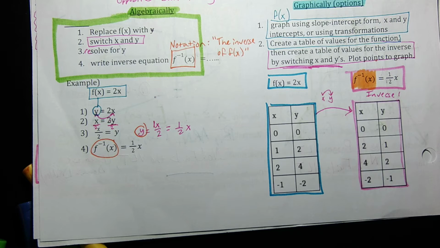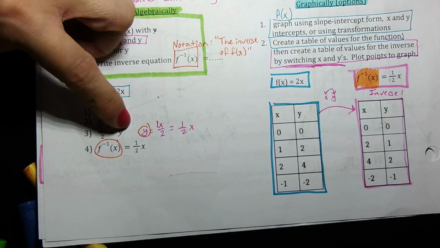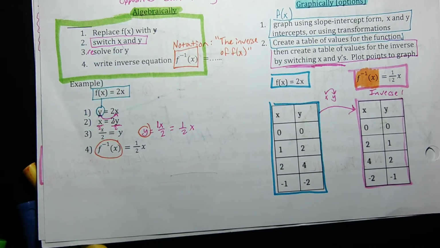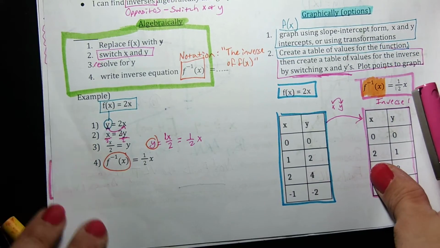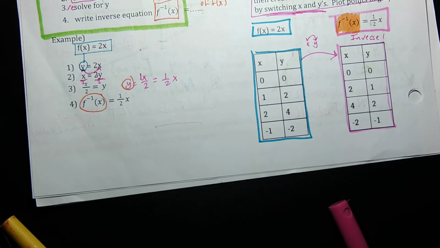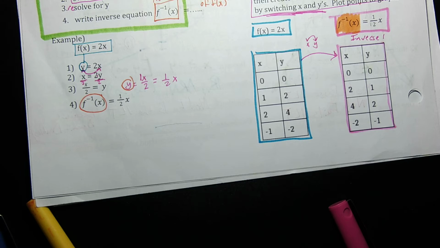However, sometimes solving for the inverse equation gets kind of messy, and sometimes doing the graphs can get a little bit messy for our other functions. So let's go ahead and turn the page. Actually, no, before we turn the page, there's one other thing we're going to add about inverses down at the bottom.